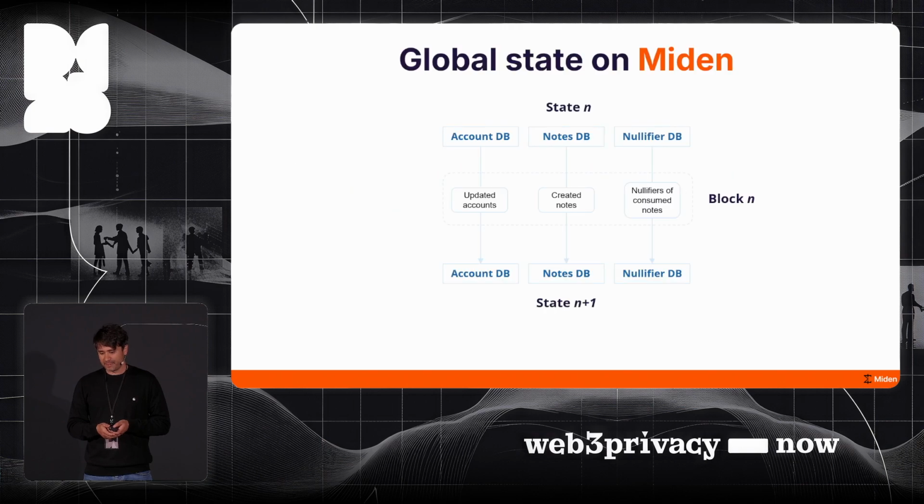And so what do we know? Miden was inspired heavily by Zcash. Basically, we also have these three databases, or Zcash doesn't have three databases, but we have three databases: an account DB, a notes DB, and this nullifier database. And this is how we achieve privacy on Miden.